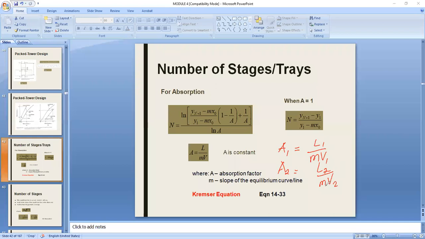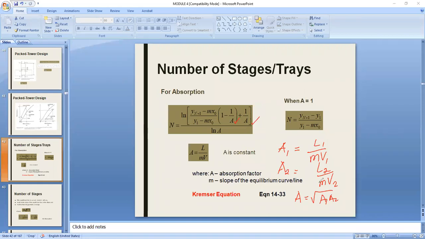What would you do with this? You'd solve separately and get its geometric mean. So you have A1, A2, take the square root of the product of that. That should be the A that should be substituted in here. It is always suggested. So if you found out that your A1 and your A2 are just the same, so good, then your assumption that you have an operating line, not an operating curve, is correct.